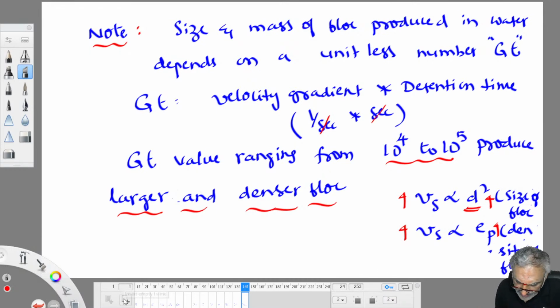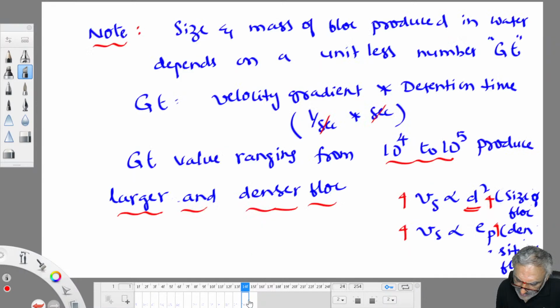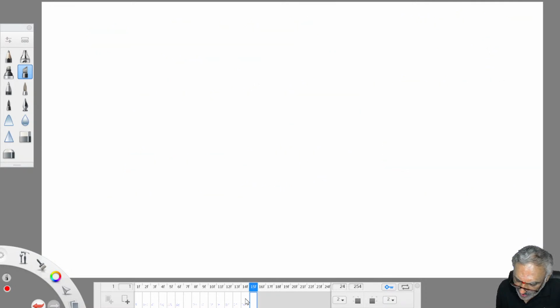So usually we provide tapered flocculation to have that 10 power 4 to 10 power 5. So we use tapered flocculation. We vary G and T combination.